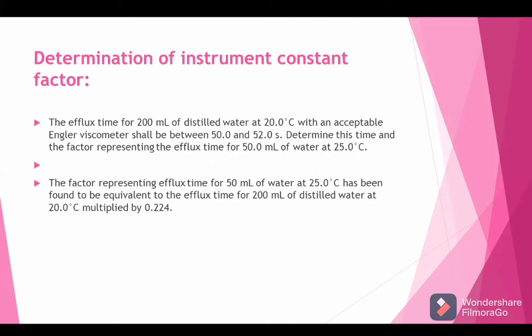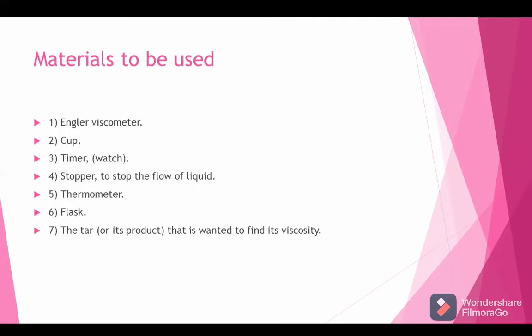The factor representing the flow time for 50 ml of water at 25 degrees centigrade has been found to be equivalent to the flow time for 200 ml of distilled water at 20 degrees centigrade multiplied by a factor of 0.224. By multiplying this, we find the specific viscosity of that particular liquid.